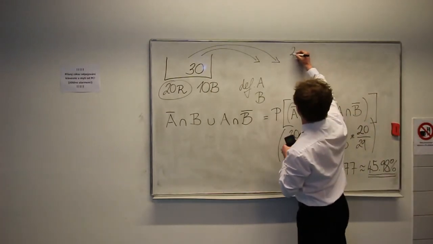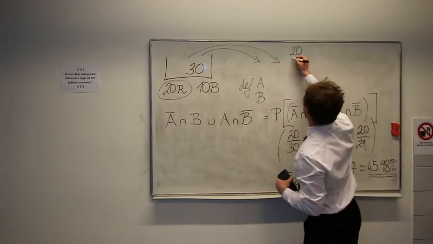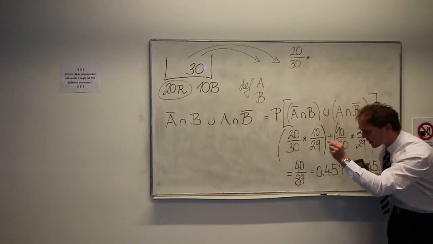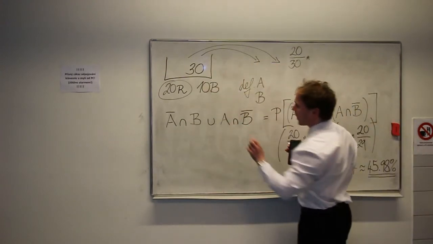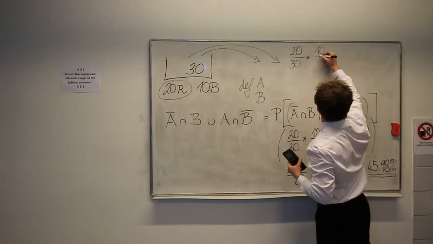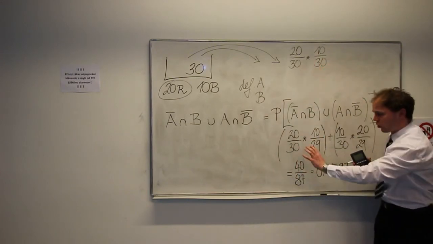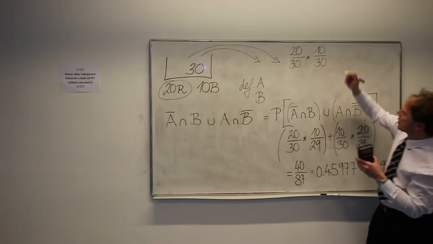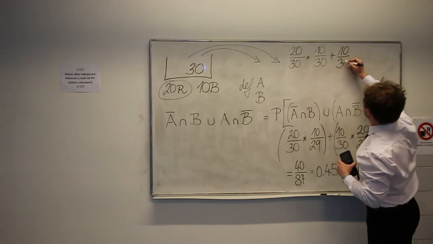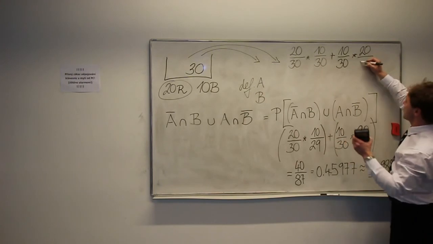So if I select something, 20 divided by 30, I will check the color and I will return this ticket back to the basket. And 10 divided by 30. The denominator is still the same in comparison with this. Plus 10 divided by 30 and 20 divided by 30 again.